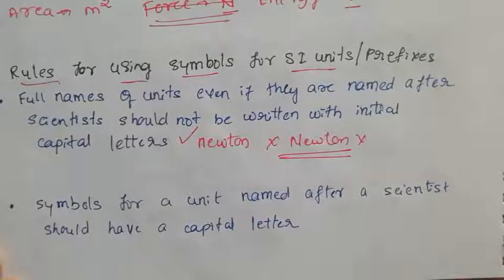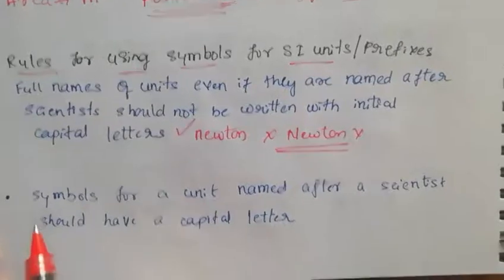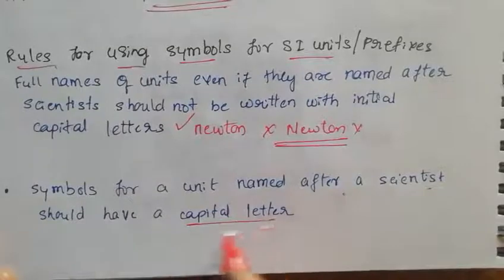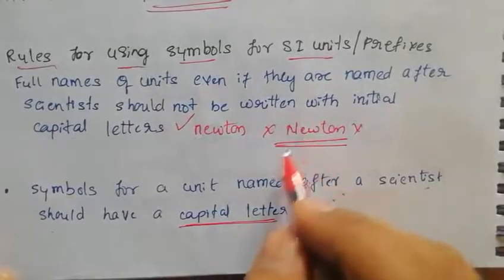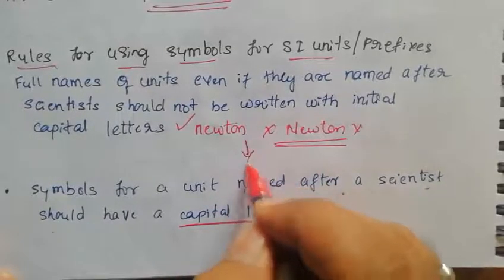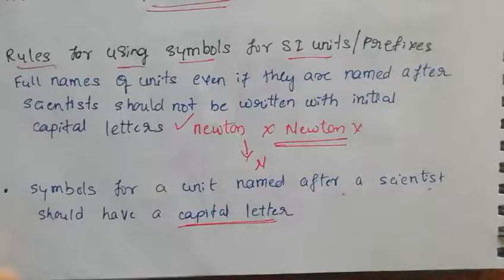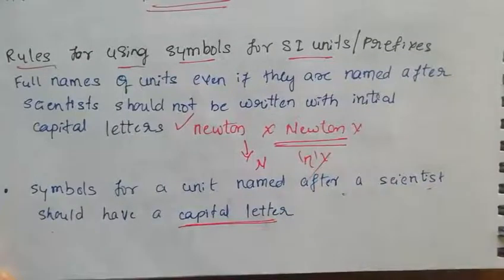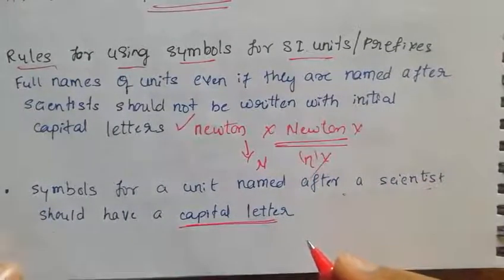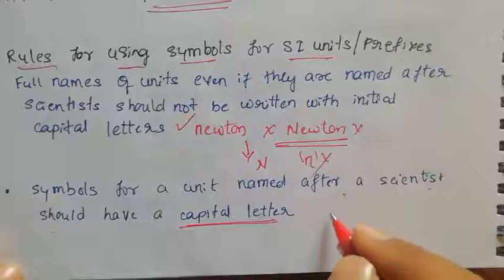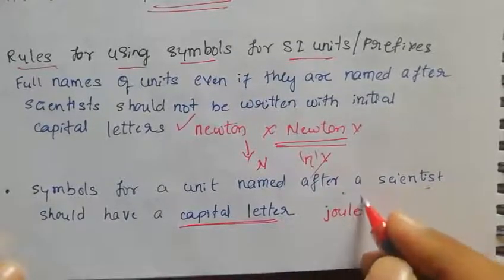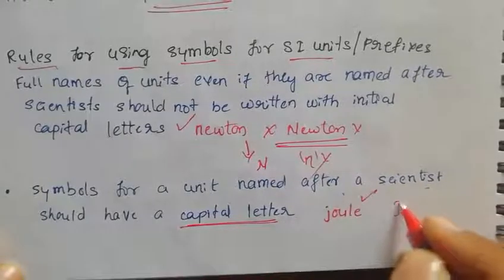But sir, I want to express it in the form of a symbol. Then look here. The symbols of a unit named after a scientist should have capital letters only. If you want to express newton as a symbol, you should write capital N, not small n. This is not allowed. If I write another unit, the energy unit is joule. While writing the full name you should write joule, not Joule.